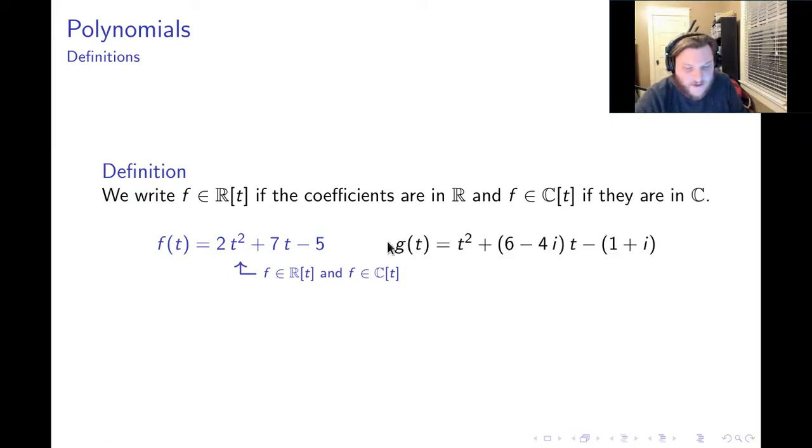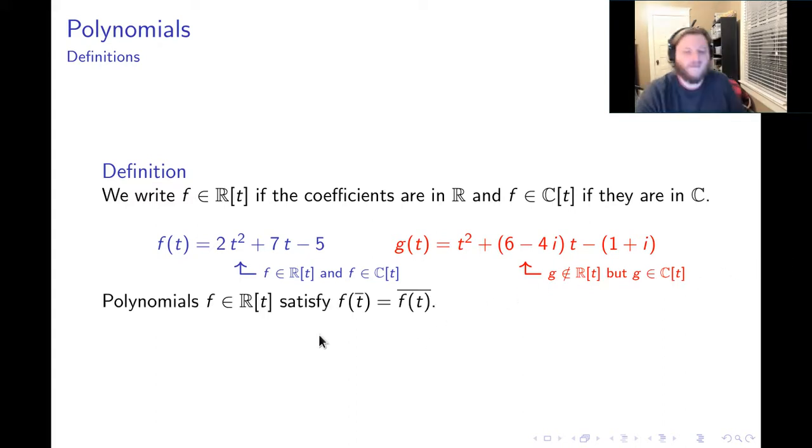Here is another example of a quadratic. This is g of t equals t squared plus the quantity 6 minus 4i times t minus the quantity 1 plus i. This is an example of a polynomial whose coefficients are complex, but they're not all necessarily real. So here we would say that g does not belong to R[t], but g does belong to C[t].